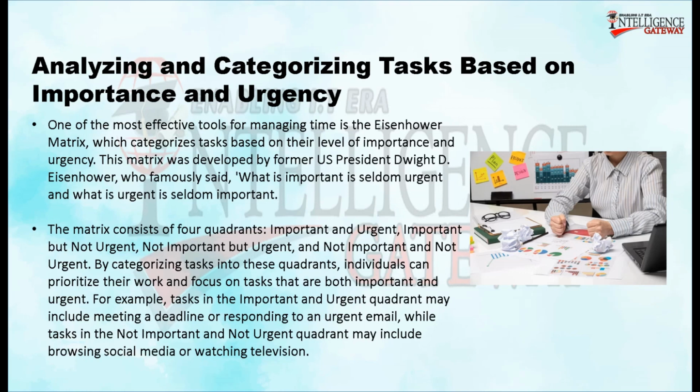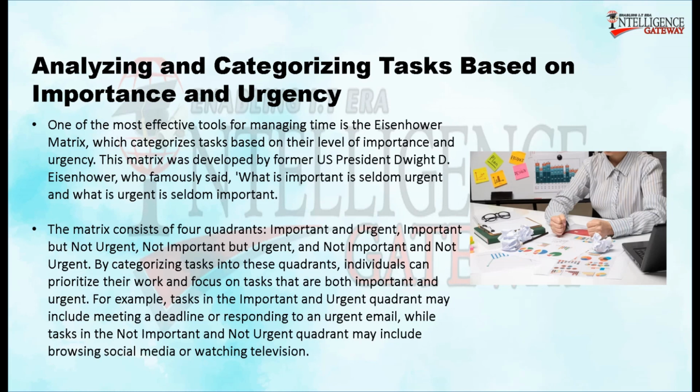One of the most effective tools for managing time is the Eisenhower matrix, which categorizes tasks based on their level of importance and urgency. This matrix was developed by former U.S. President Dwight D. Eisenhower, who famously said, "What is important is seldom urgent, and what is urgent is seldom important."